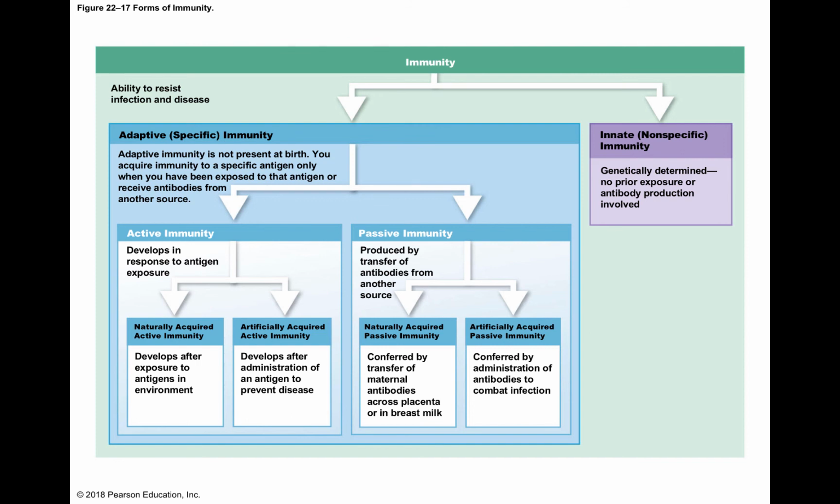Your immunity can be active, and your immunity can be passive. That's how you can receive it. So this is how do we acquire, how do we get this immunity? So first of all, naturally acquired, this is when you get immunity through the environment.